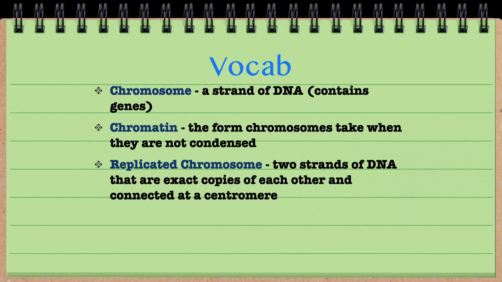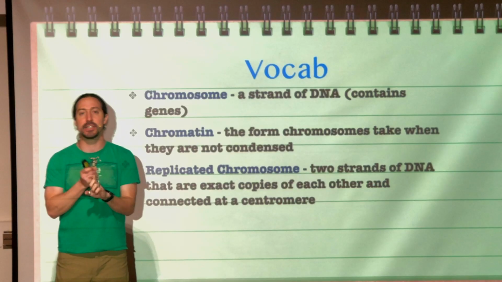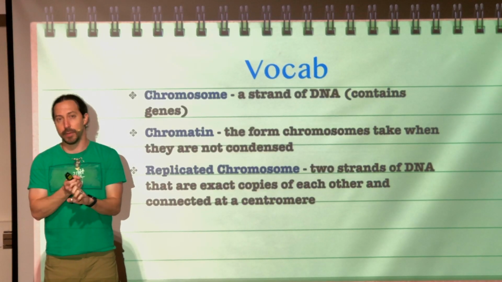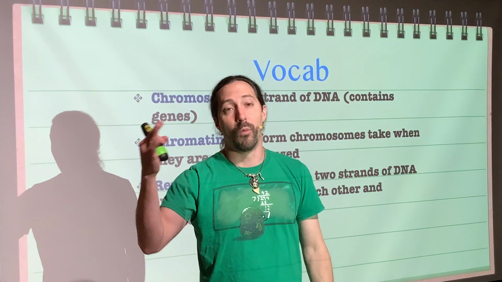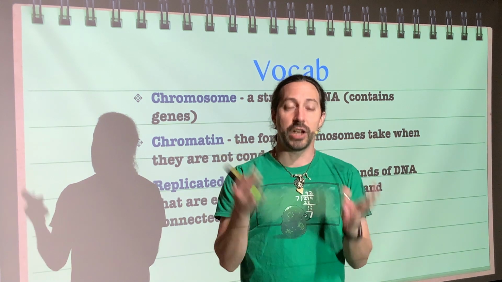When we're going through the mitotic phase, M phase, we'll talk about replicated chromosomes. That's where we have 2 strands of DNA that are exact copies of each other that happen to be attached at this junction called a centromere. Replicated chromosomes are what the S phase generates.